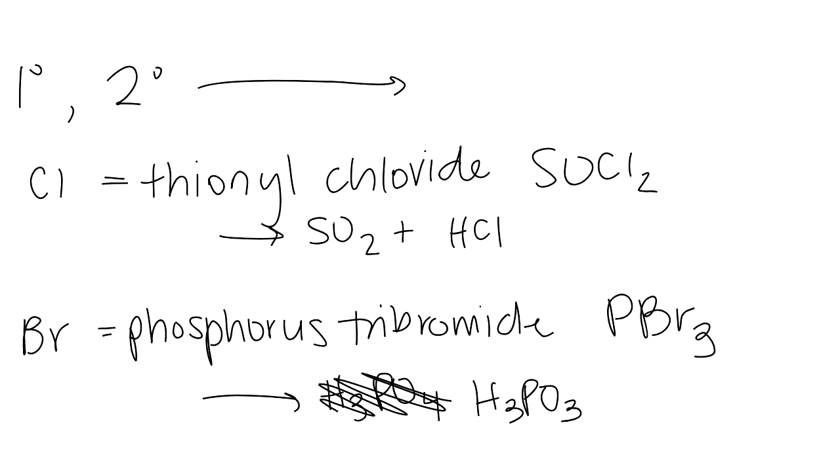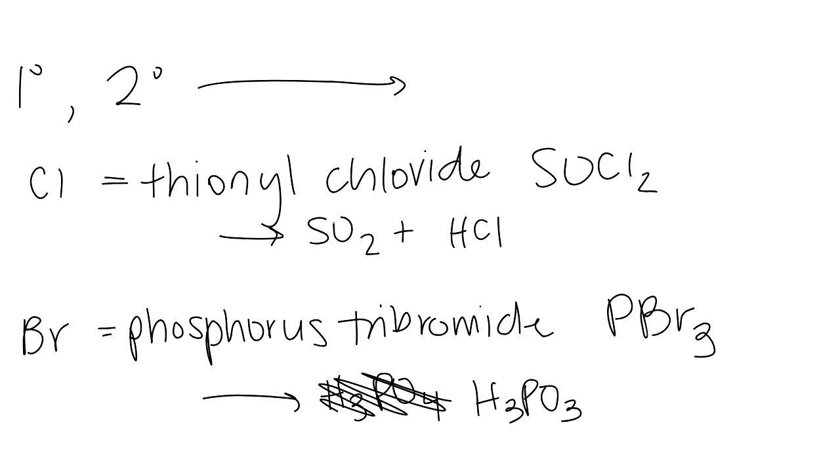So tertiary, you would use HCl or HBr. Primary or secondary, you would use thionyl chloride or phosphorus tribromide, depending on what halogen you want. It's possible for us to make alkyl fluorides, but they're pretty unstable, so it's not likely that it could happen.